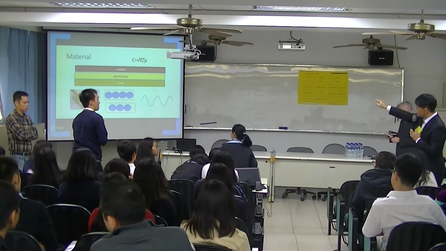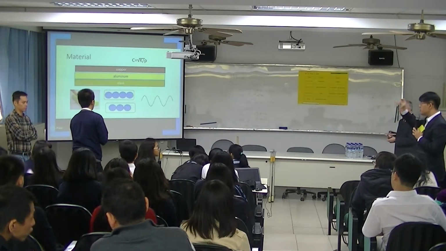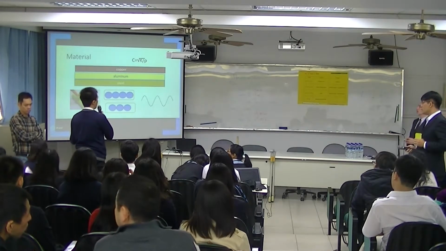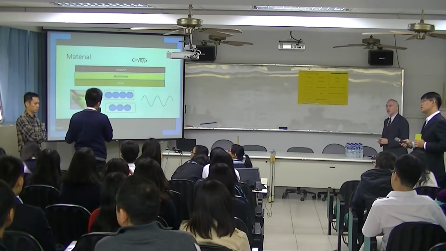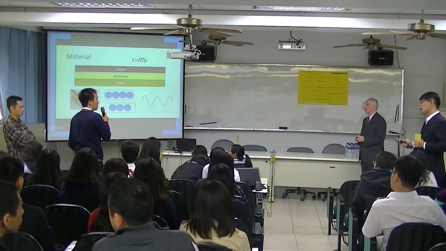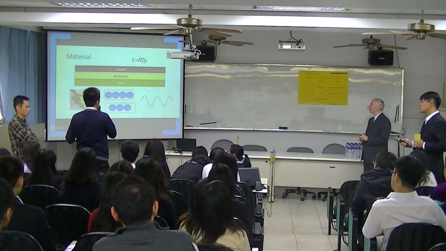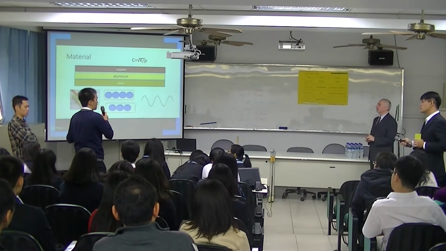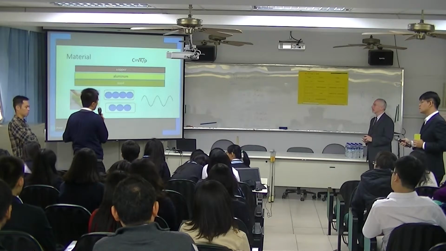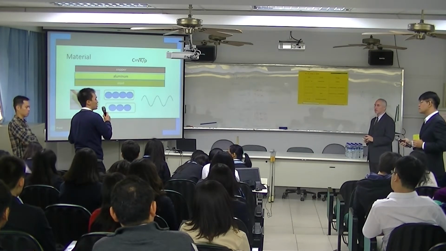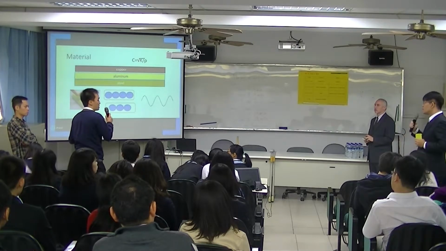So you mean the equation is affected by the material? C means the velocity of the sound wave. But we think according to this changing, the delay of quality also changes too, we think.